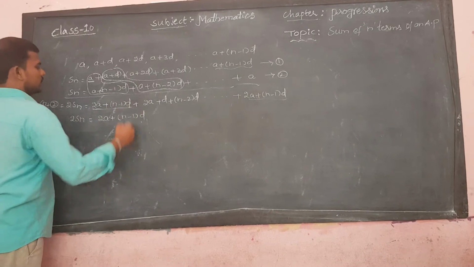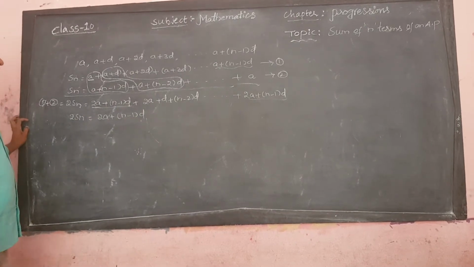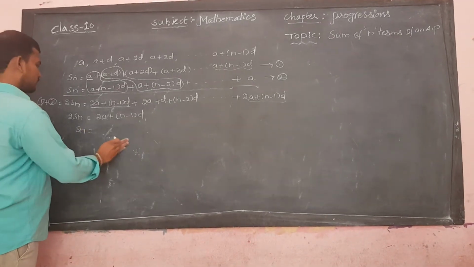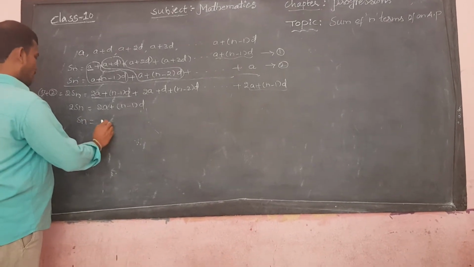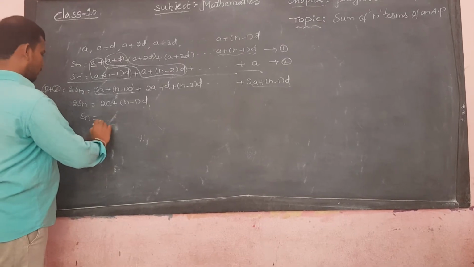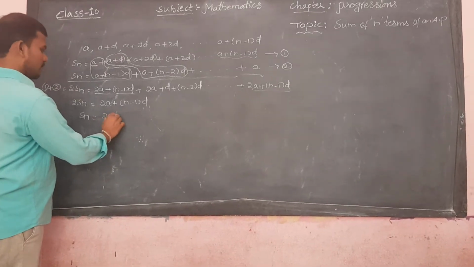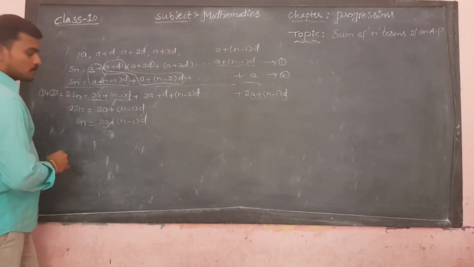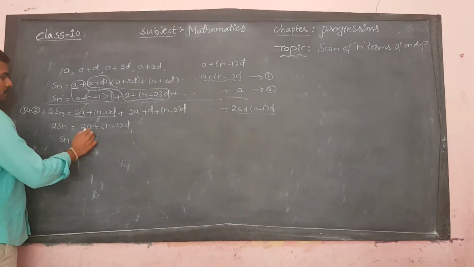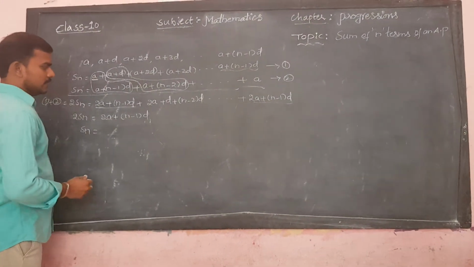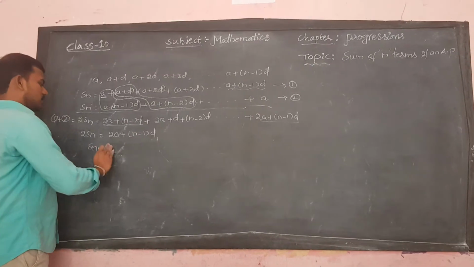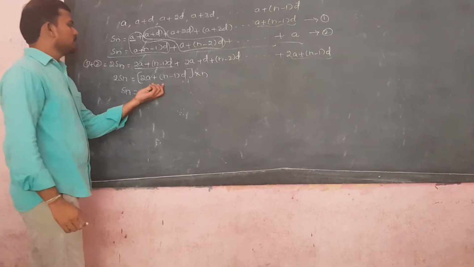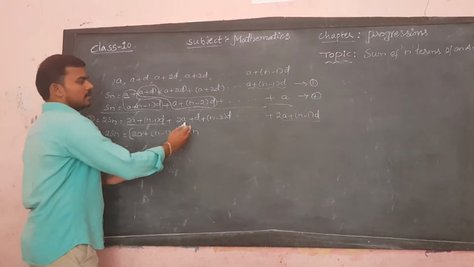So take this common term, 2a plus (n minus 1) into d, and it appears n times, so it will be multiplied by n.